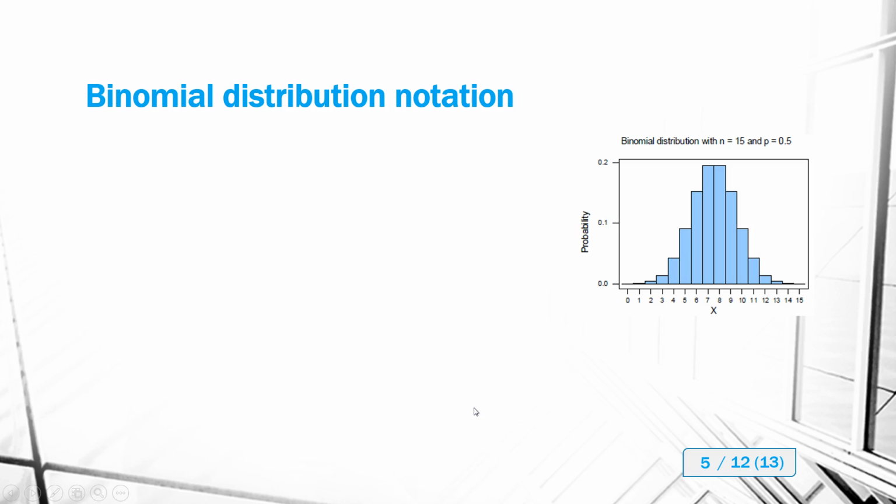Now, once we've ascertained that a distribution is binomial, we need to understand certain notation that's used in the calculation of probabilities and related characteristics of the binomial distribution. So first, we're going to use the lowercase letter n to denote the number of fixed trials. Again, this is a whole number.